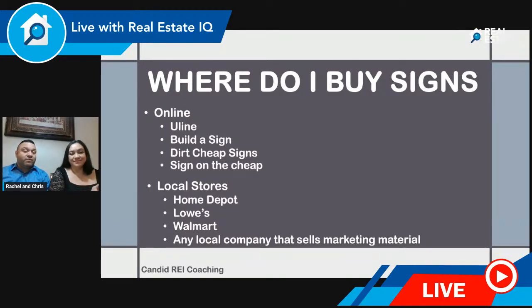Whenever we first started, we looked everywhere to buy these signs. We started just at Walmart, at Home Depot, and we go online as well. Some of the online websites that you can go to are Uline, Build a Sign, Dirt Cheap Signs, Sign on the Cheap. Right or wrong doesn't matter as long as you start getting some of these signs out there.